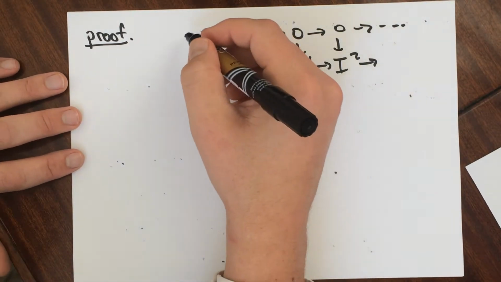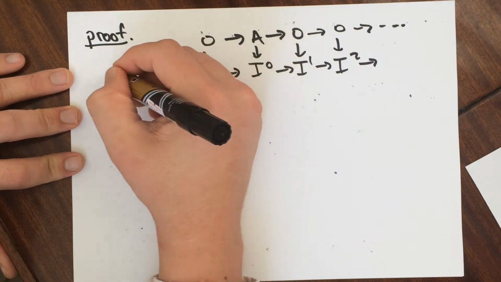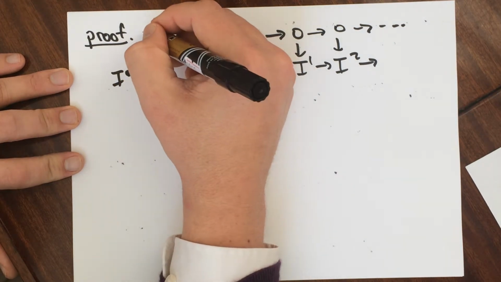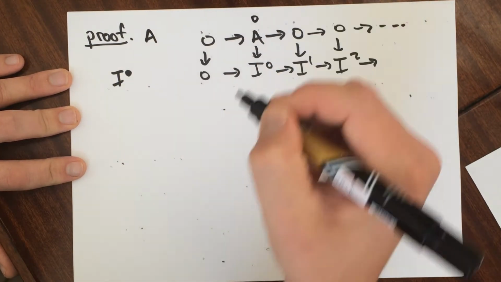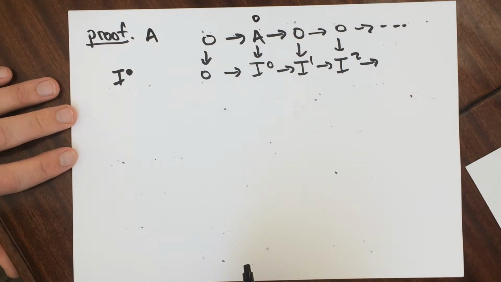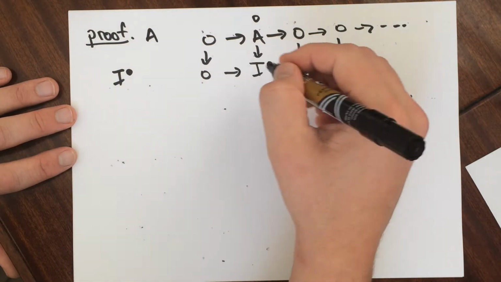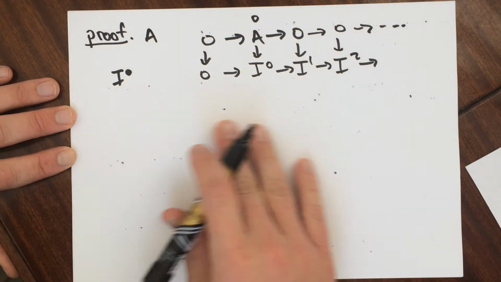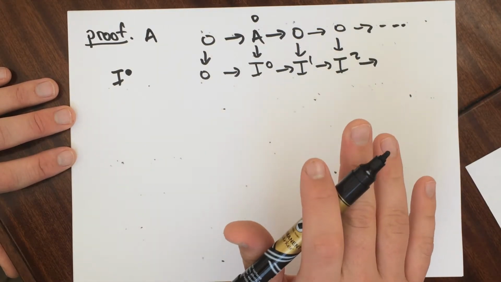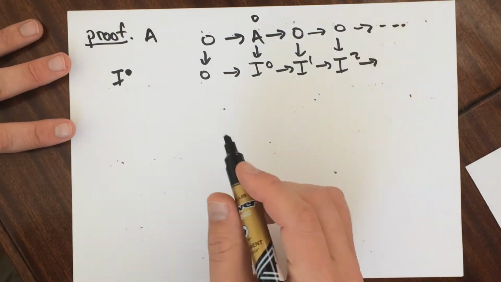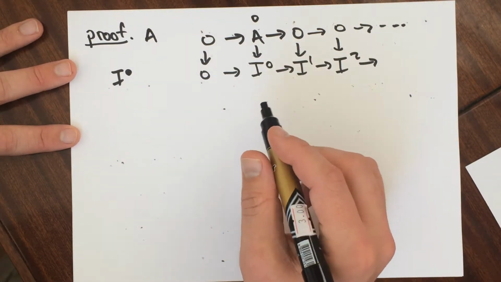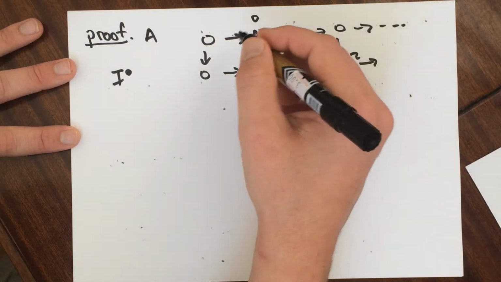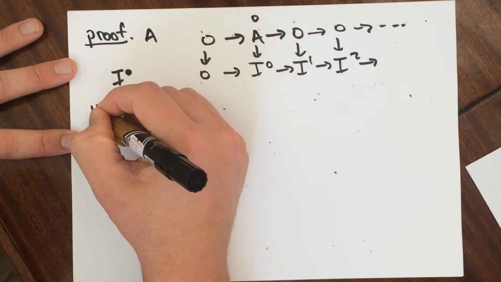This is the complex A, this is the complex I bullet, and this is degree 0 here. Now we just need to show that this map induces the same cohomology.